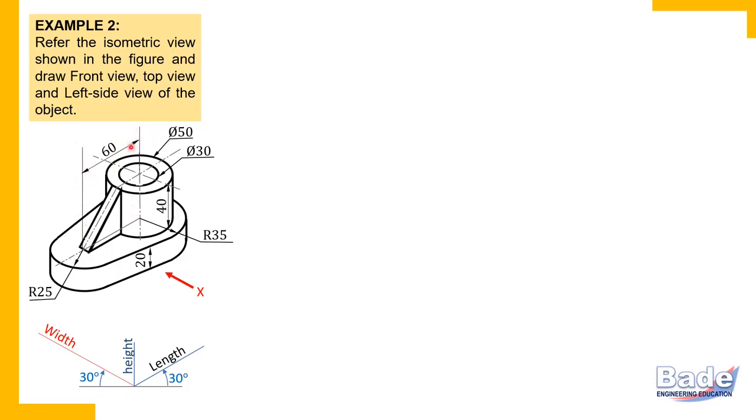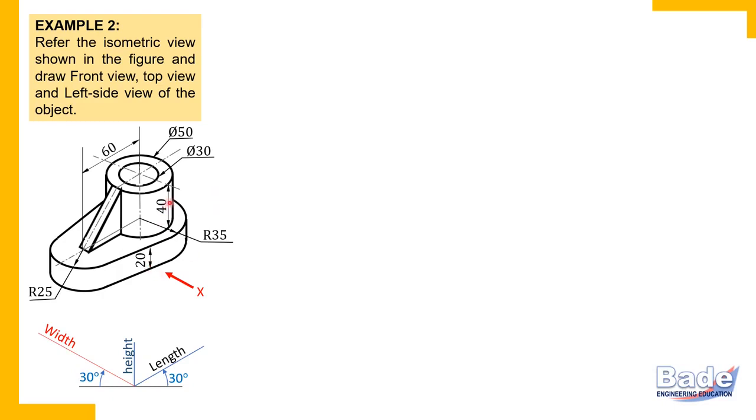So when center to center distance is given, you will have to add a radius. So 60 plus 25 on the left side, and the radius of this curved edge is 35. So on this side 35. So 60 plus 25 plus 35, that is length, 120 millimeters.